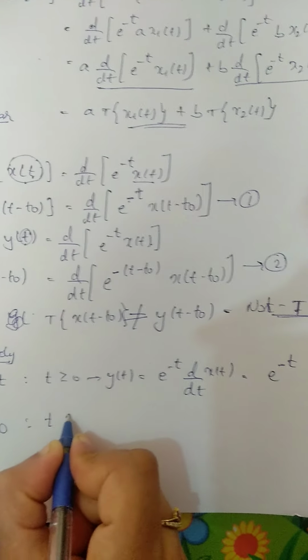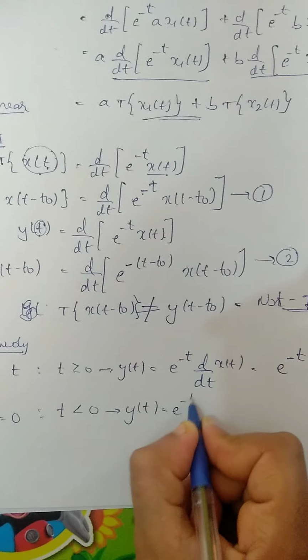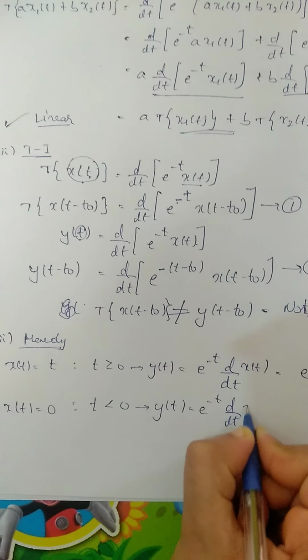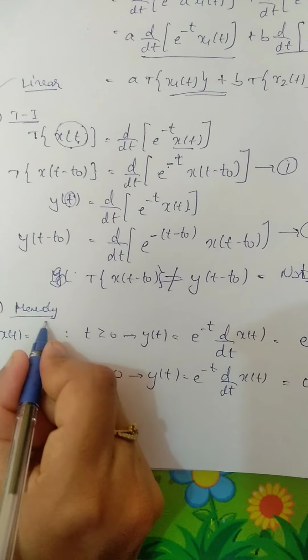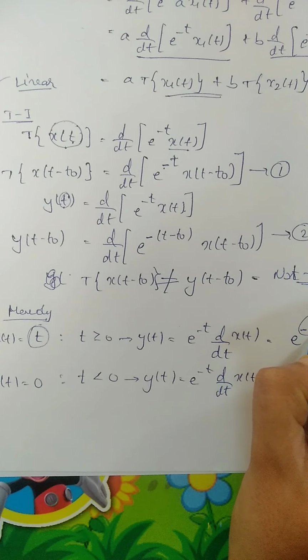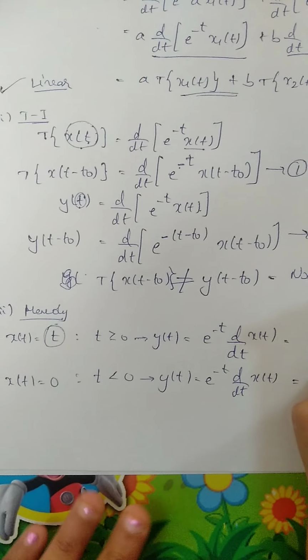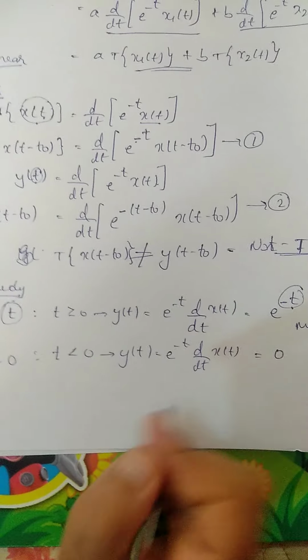If we assume x(t) = 0 for t less than 0, then y(t) = e^(-t) d/dt of x(t) will be 0. So it depends on the previous value, the past value. So we need a memory here. The system has memory.